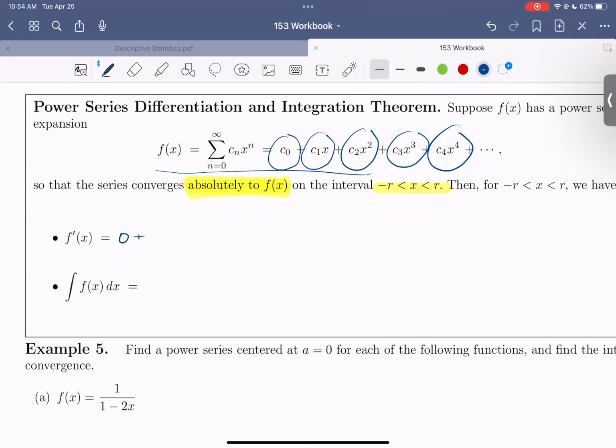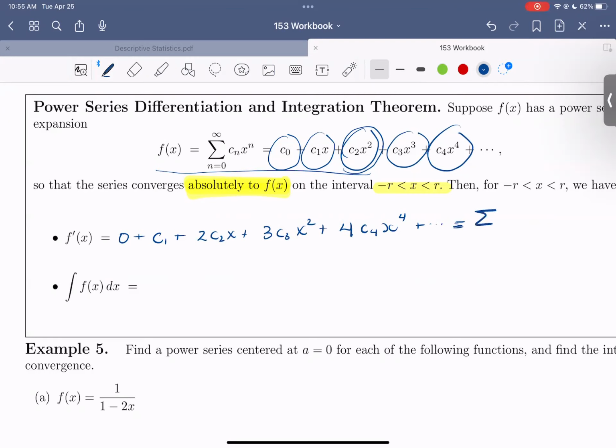The derivative of c1 x is just c1. The derivative of c2 x squared is 2 c2 x. The derivative of c3 x cubed is 3 c3 x squared. The derivative of c4 x to the fourth is 4 c4 x cubed. So we can start to see a pattern emerge.